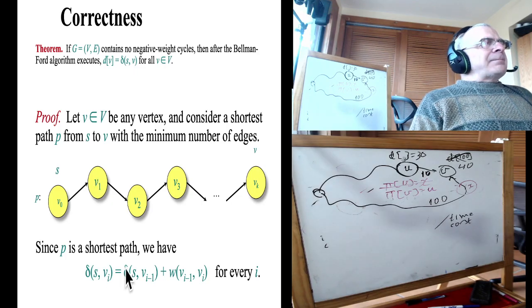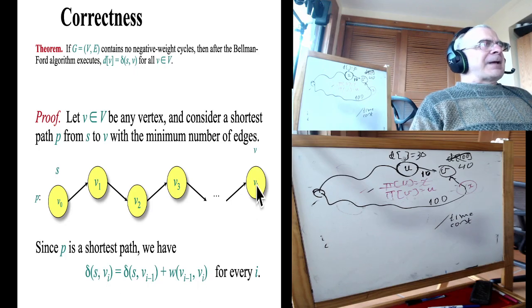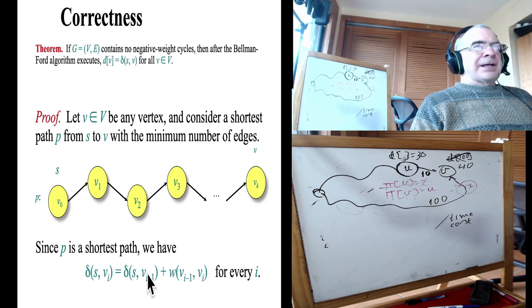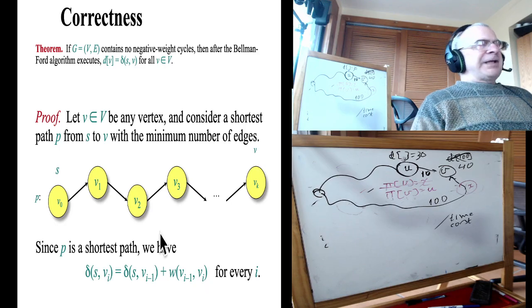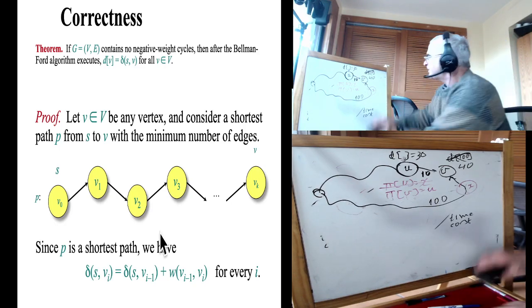Now, what can I say about delta in general? What is the length of the shortest path to each one of the vertices? For each one of the vertices Vi, delta from S to Vi is just delta from S to Vi minus 1, cut and paste lemma once again, plus the weight from Vi minus 1 to Vi. What do I mean?